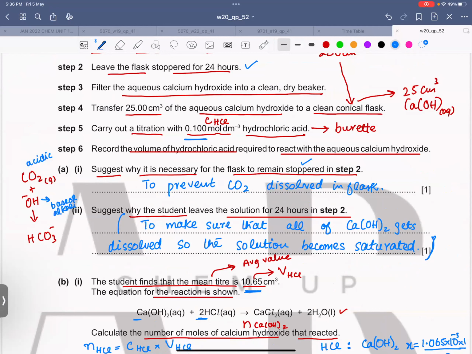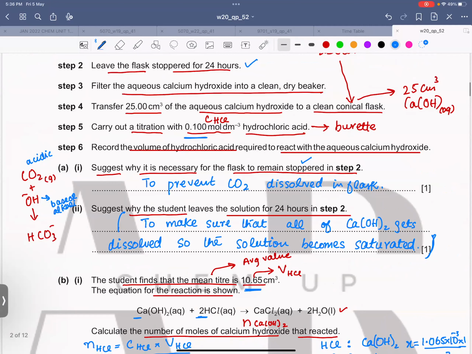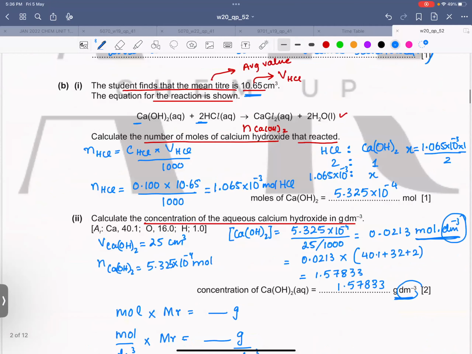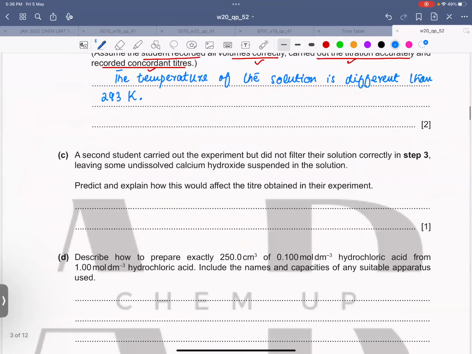We want all of the calcium hydroxide to be dissolved in water, right? So there might be a possibility that 24 hours is not sufficient time for all of the calcium hydroxide to get dissolved. So that can be the other reason for this question.